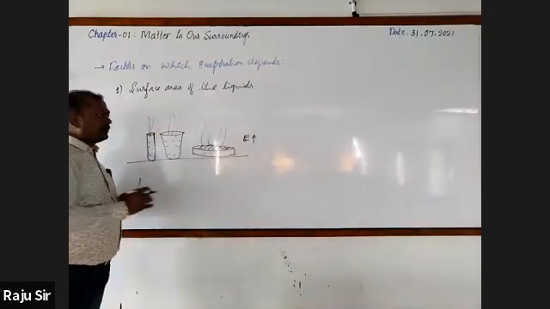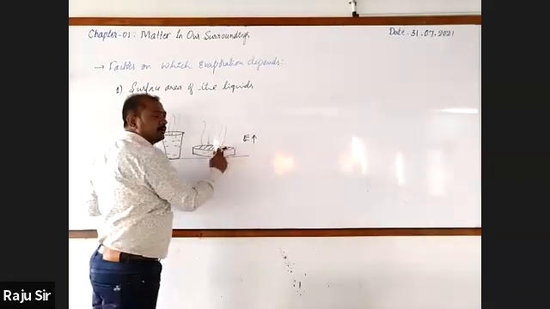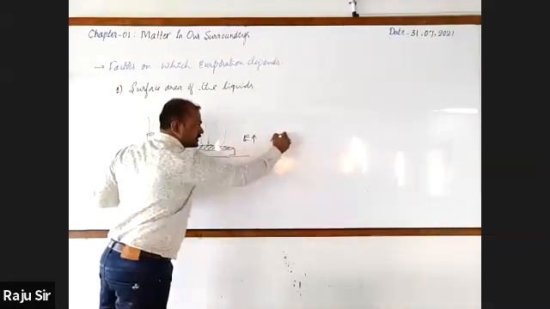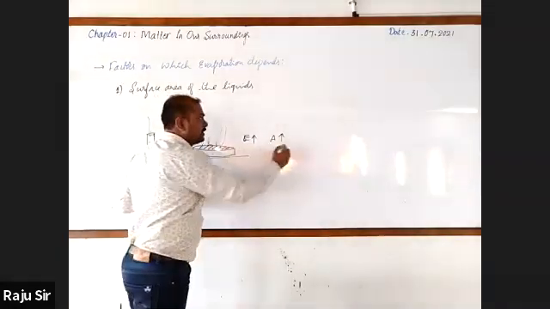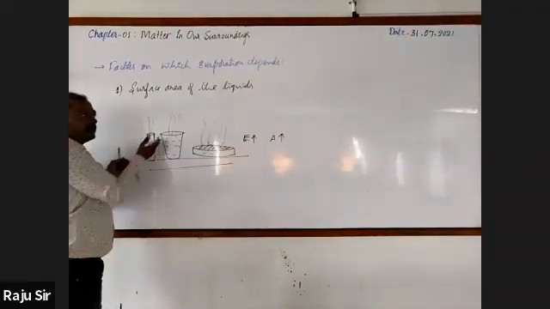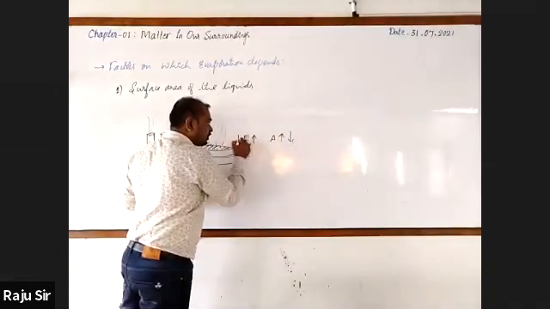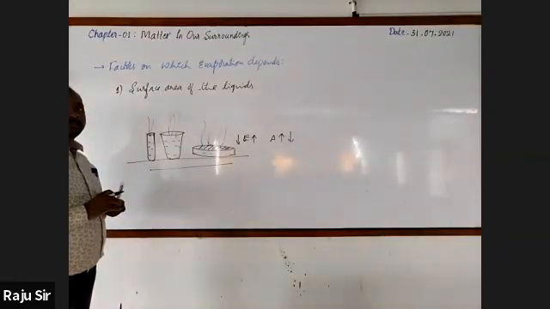So, as the free surface area of the liquid increases, the rate of evaporation also increases. As the area decreases, the rate of evaporation also decreases. Then how are they related to each other? Directly proportional.